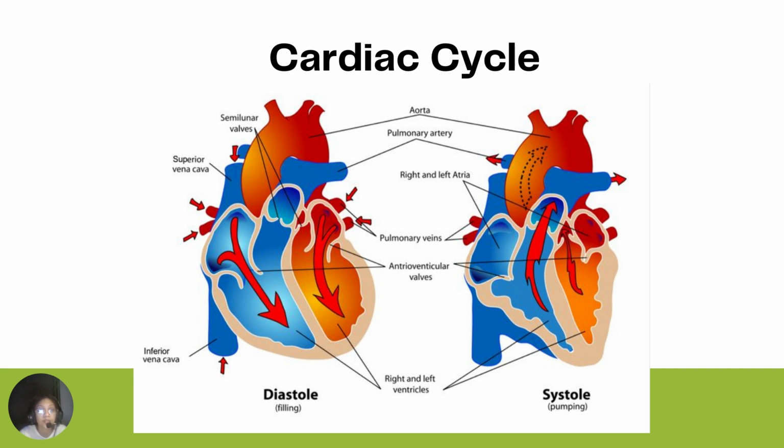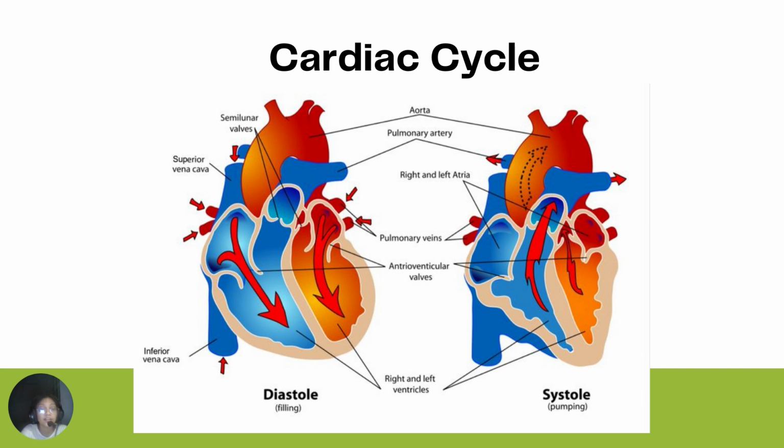But how does it go? The ventricles relax, and the atrium contracts and exerts pressure, so the blood goes from the atrium to the ventricles.